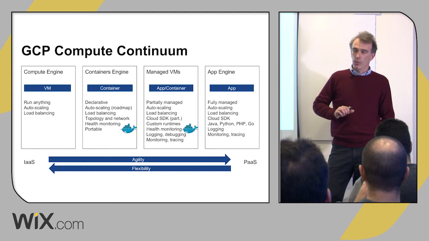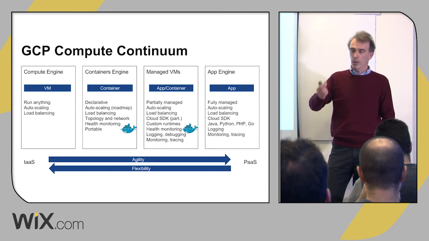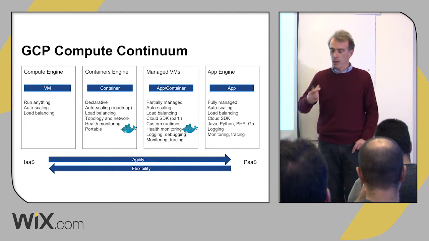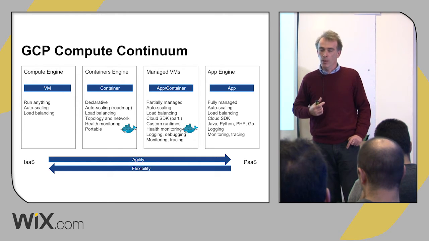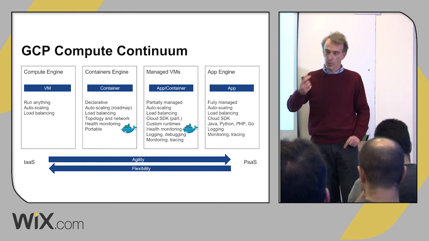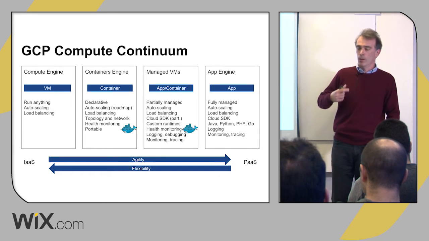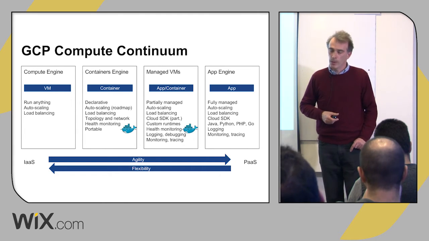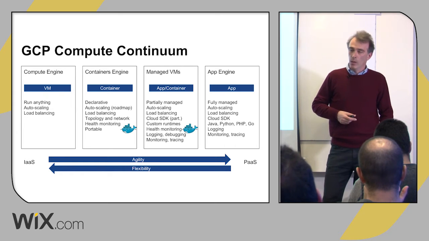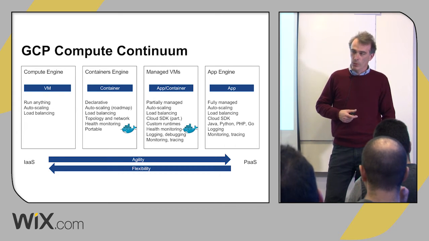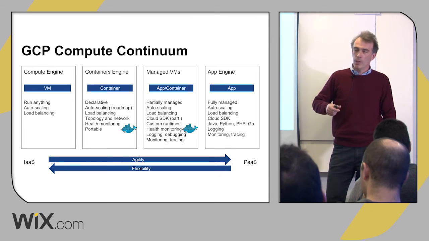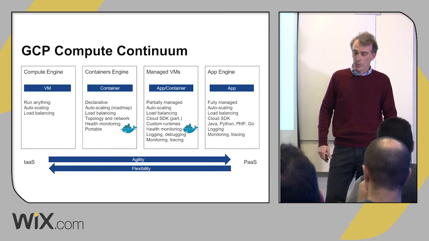Your container will expose an interface. It will be polled by the platform, and according to the information that you provide to the system and the logic that you define, it will create additional instances. Also, according to your logic, you can specify minimum, maximum, time. You have a lot of parameters to specify.